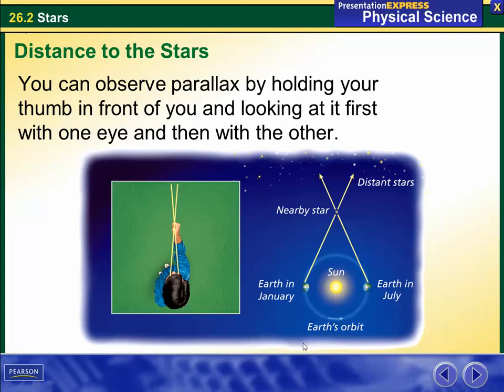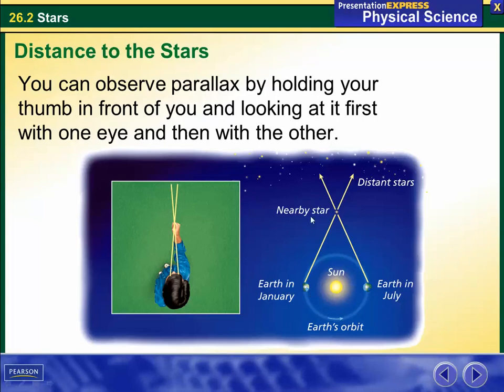Again, I'm not going to pretend to be an expert on this. By having these two different measuring points and seeing how far the nearby star has apparently traveled compared to these distant stars, we can get an estimate about how far away those stars actually are. Like I said, it's a much more complex process than I can probably explain to you, but that's my best explanation.